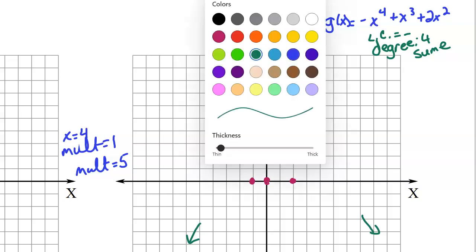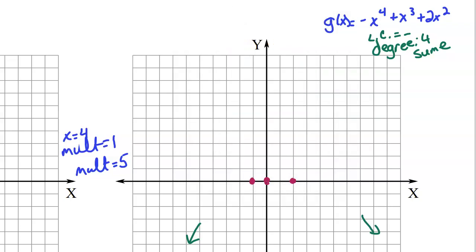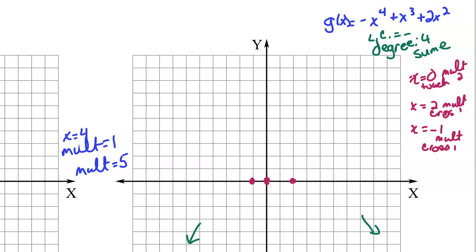We have our x-intercepts. They were at x equals 0, x equals 2, and x equals negative 1. Our 0 had a multiplicity of 2. This one had a multiplicity of 1. And this had a multiplicity of 1. So that means at the 0, we touch, and everything else we cross. So let's look.